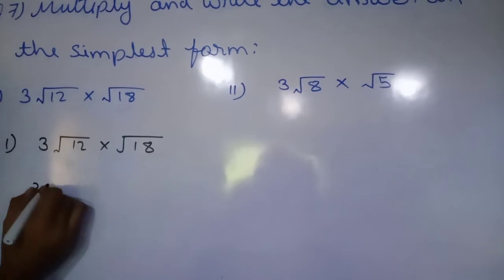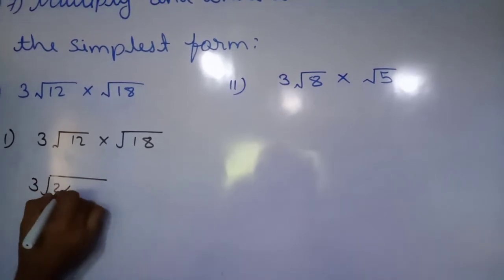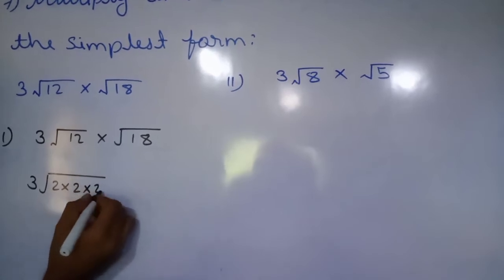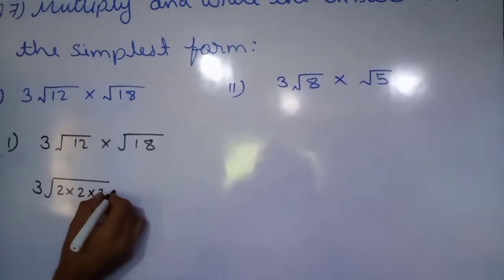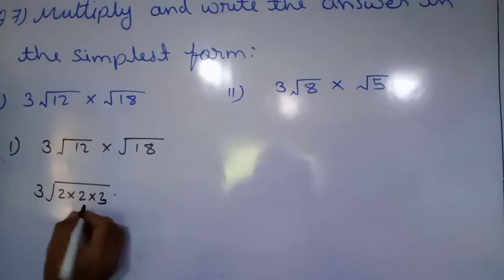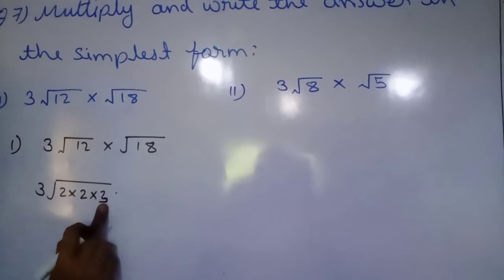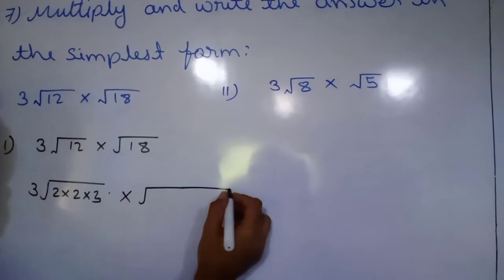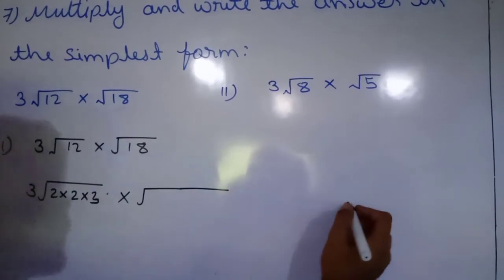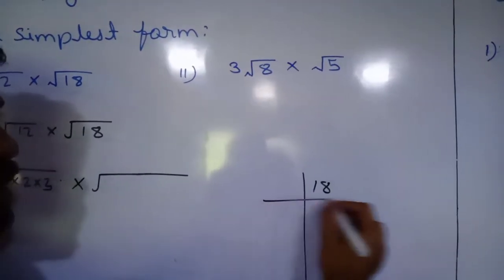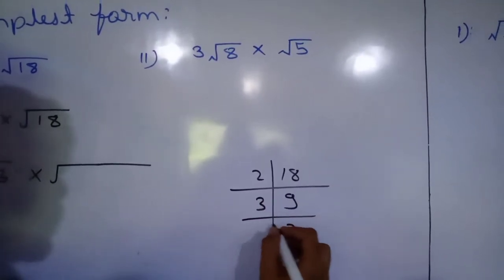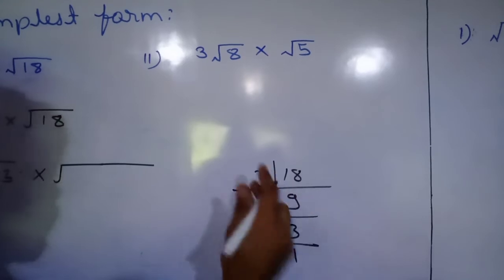So can we write this like 2 into 2 is 4, 4 twos are 8, 4 3s, 2 twos are 4, 4 3s are 12. This way we can do this. If you are having difficulty, you can do it over here like 18, 2 9s are 18, 3 3s are 9, 3 1s are 3, so 2 into 3 into 3.